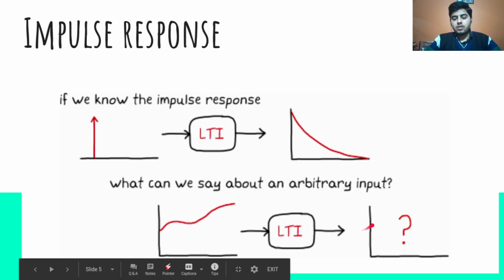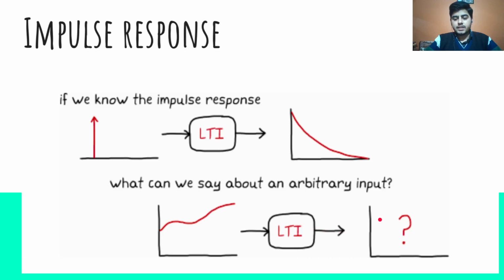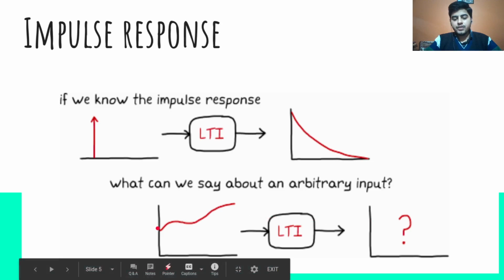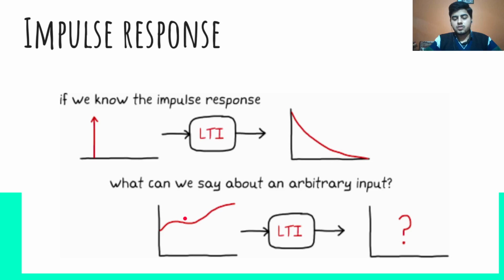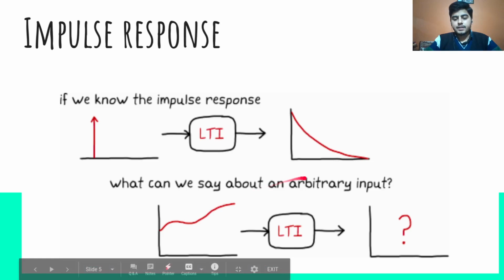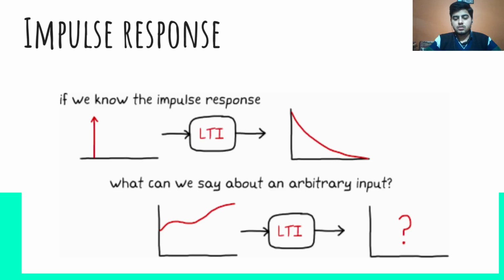So to find the output of an LTI system, what we can do is break this input into infinite impulses. After doing that we can record the response of each impulse, and to find the total response we can sum these infinite responses.